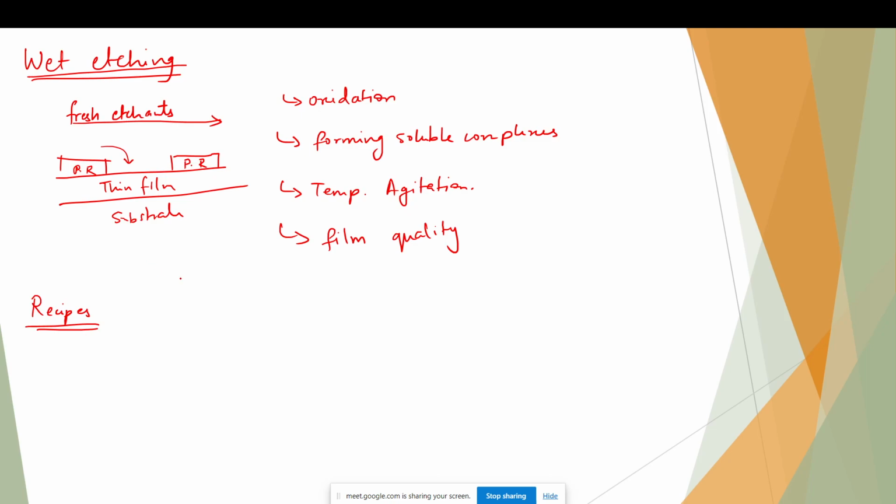One of the recipes that we saw is the isotropic silicon etch recipe. In isotropic silicon etch, as we said, there should be an oxidation step. So, to oxidize silicon we have HNO3.